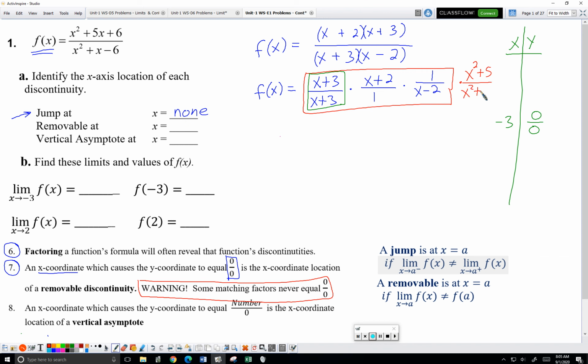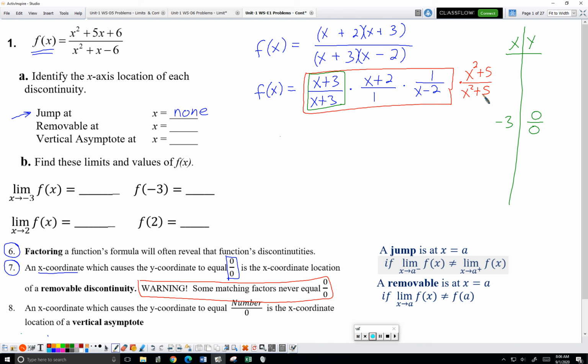So you do have a set of matching factors, but there's no x that will make this 0 divided by 0. So this isn't causing a removable discontinuity. So watch out for that.